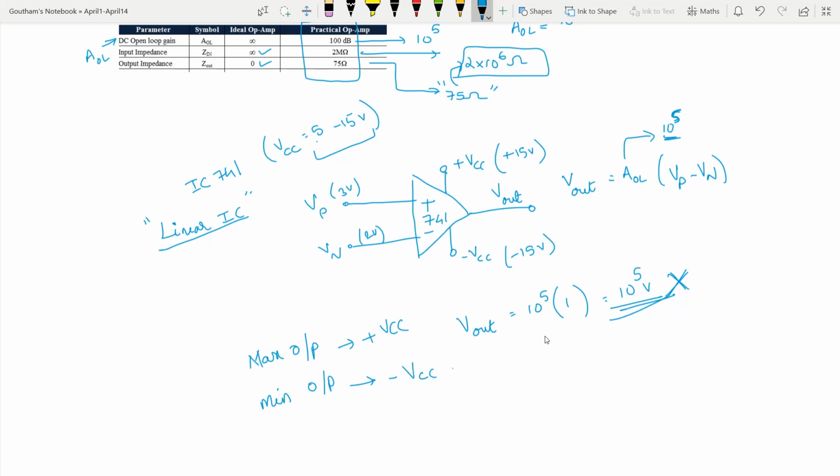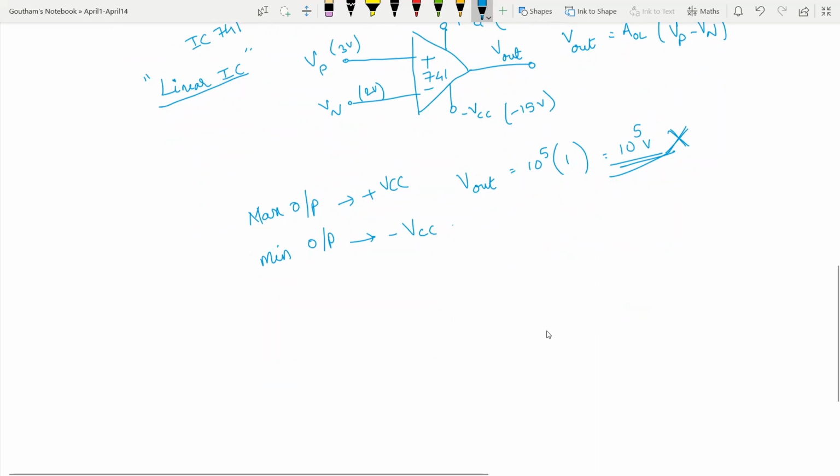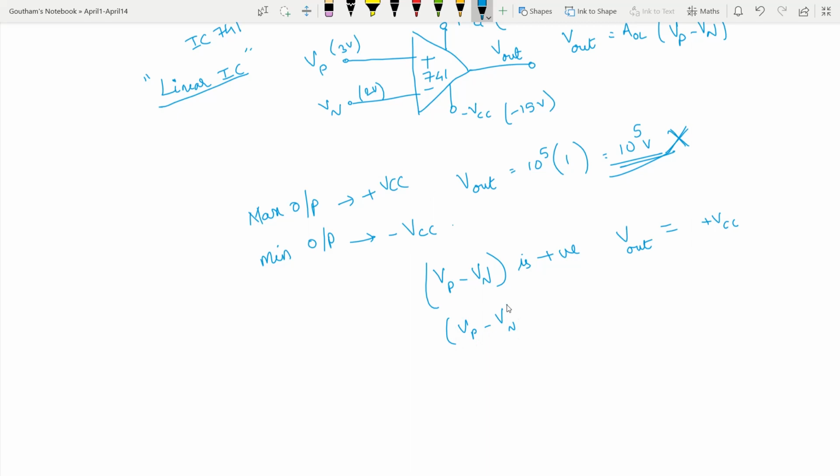So when VP minus VN is positive, Vout will be plus VCC. And when VP minus VN is negative, Vout will be equal to minus VCC.